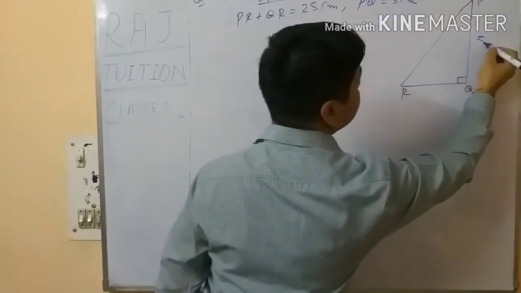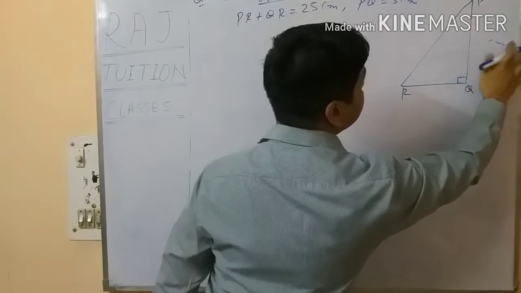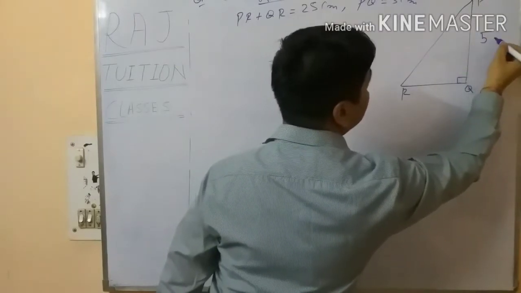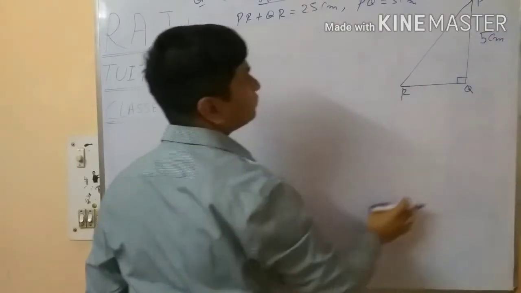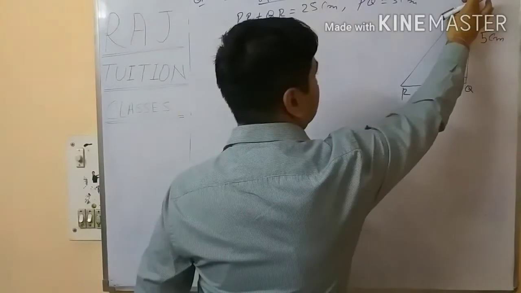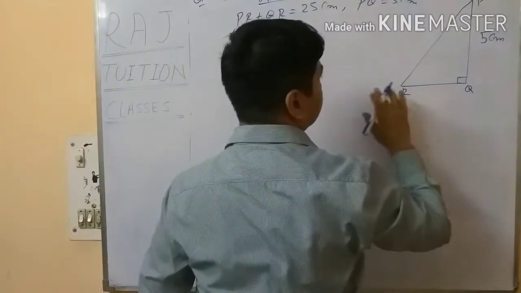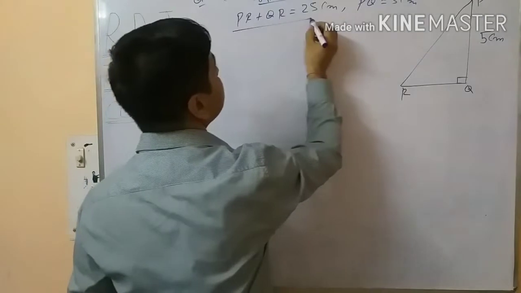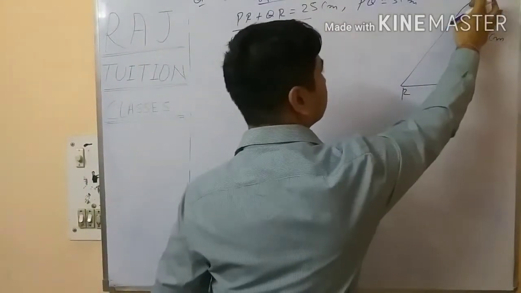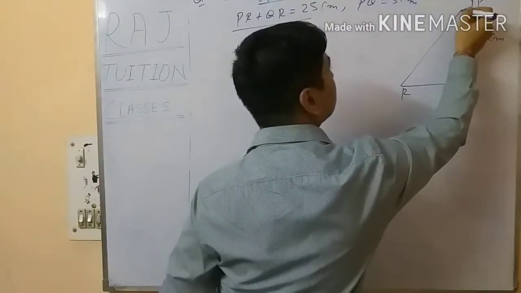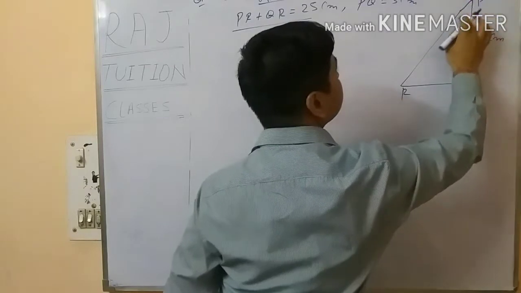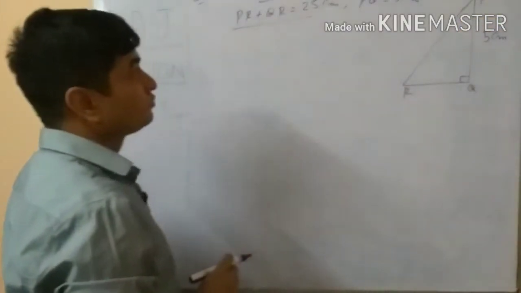So PQ is given as 5 centimeters. PR and QR are not given. PR plus QR is given as 25 centimeters.